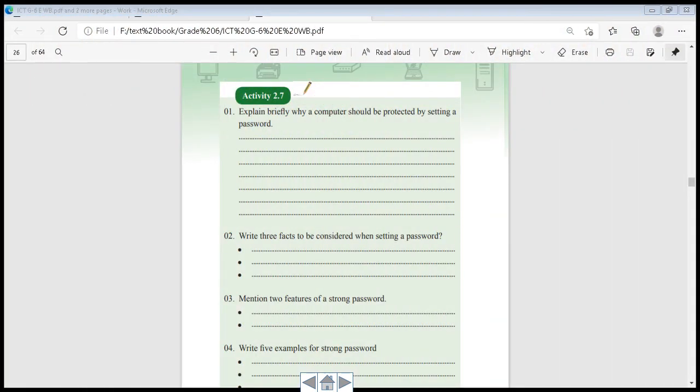Explain briefly why a computer should be protected by setting a password. Second question. Write 3 facts to be considered when setting a password. Third question. Mention 2 features of a strong password. Fourth question. Write 5 examples for a strong password.